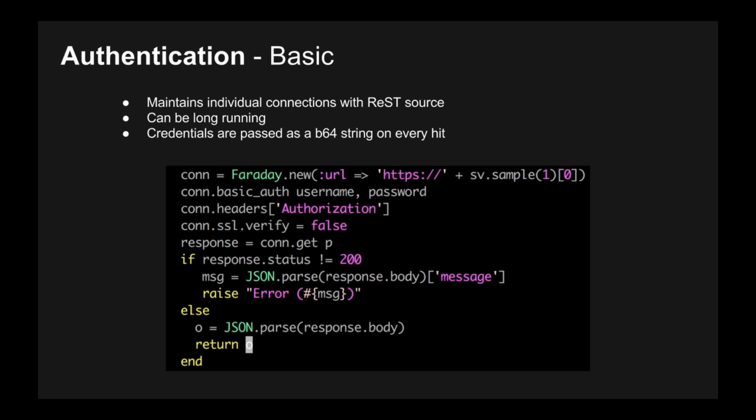Basic authentication will allow you to maintain a connection to a REST data source. Essentially what that means is with basic auth, you're passing your credentials every time that you submit a request to the endpoint. In contrast, token, which we'll talk about in a moment, doesn't do that.